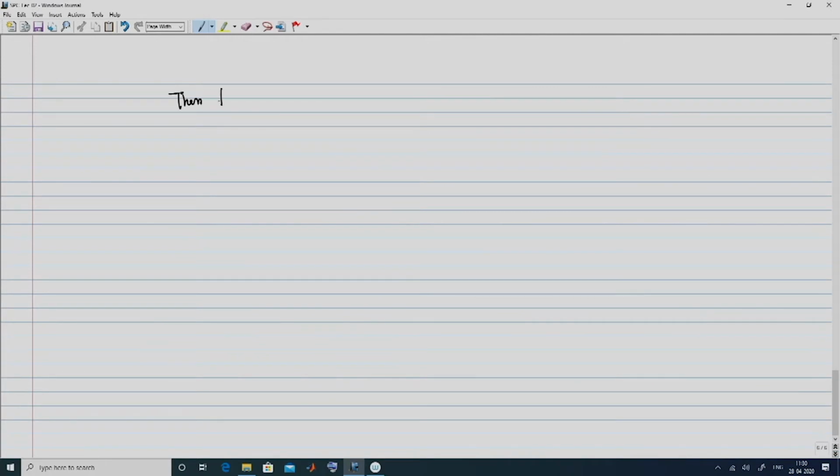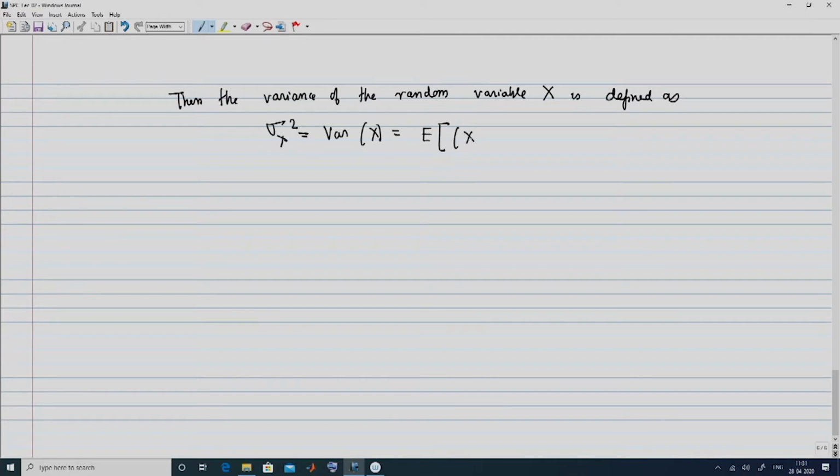Then the variance of the random variable x is defined as sigma x square, which is equal to variance of x, which is equal to the expected value of x minus mu square.